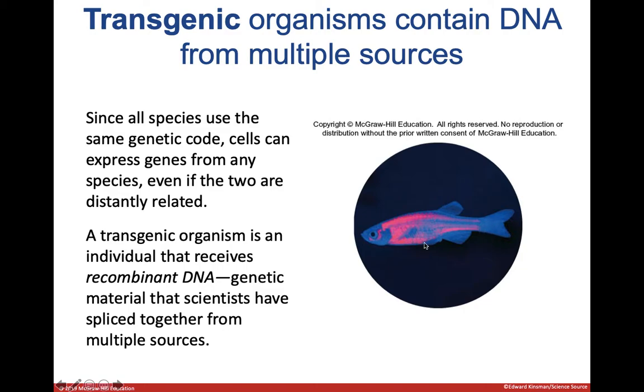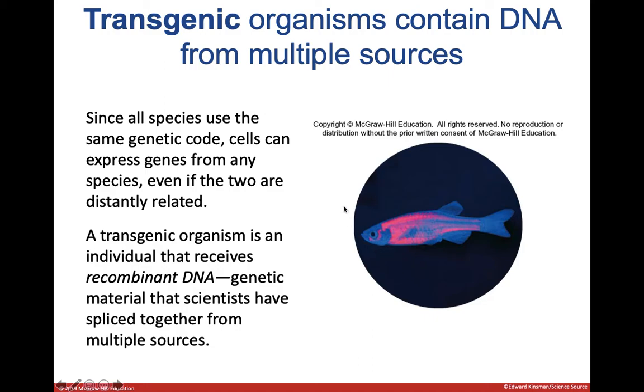So this fish would generally have genes from its mom fish and its dad fish that are both the same species. Well, if you take genes from an organism that's not related to this one, so this fish has jellyfish genes inside of it, which make it glow. Those jellyfish genes have been inserted inside of it, and they are obviously a different species than the original fish.